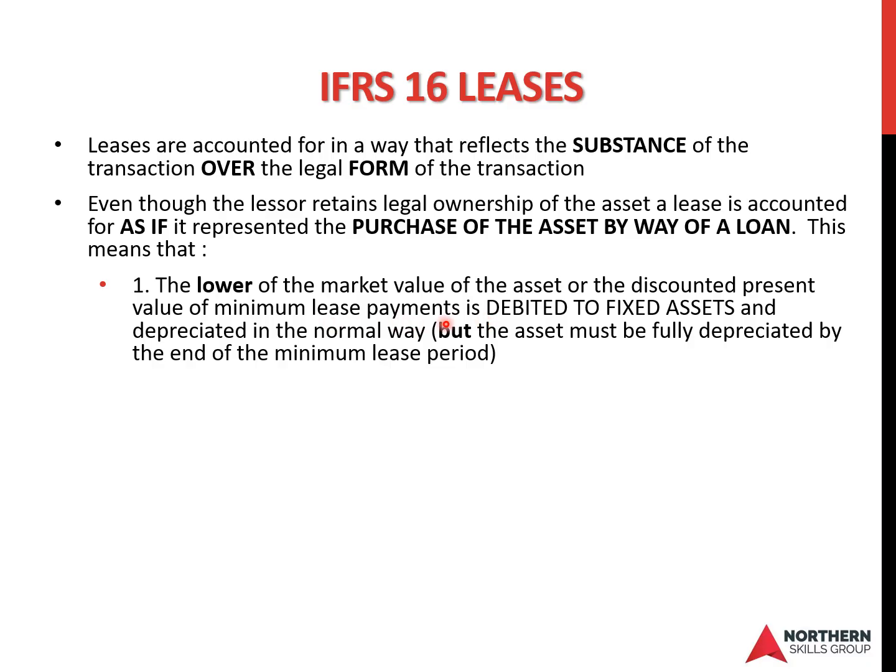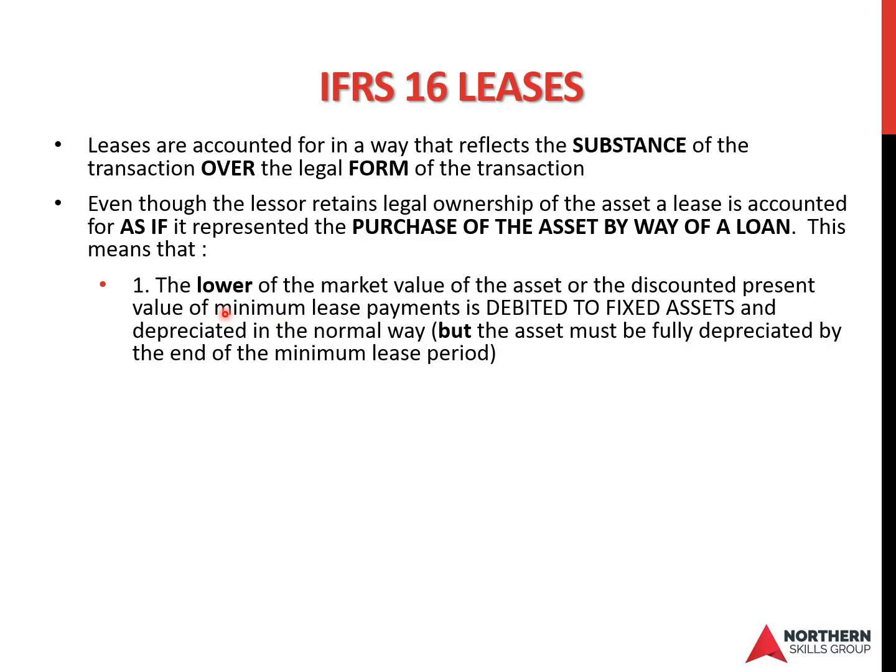So that's the total amount that would be payable under the lease agreement up to the point where it could be cancelled. And it's the lower of those two figures that's treated as the cost of the asset. That's the cost of the future benefits that are going to be obtained from it.